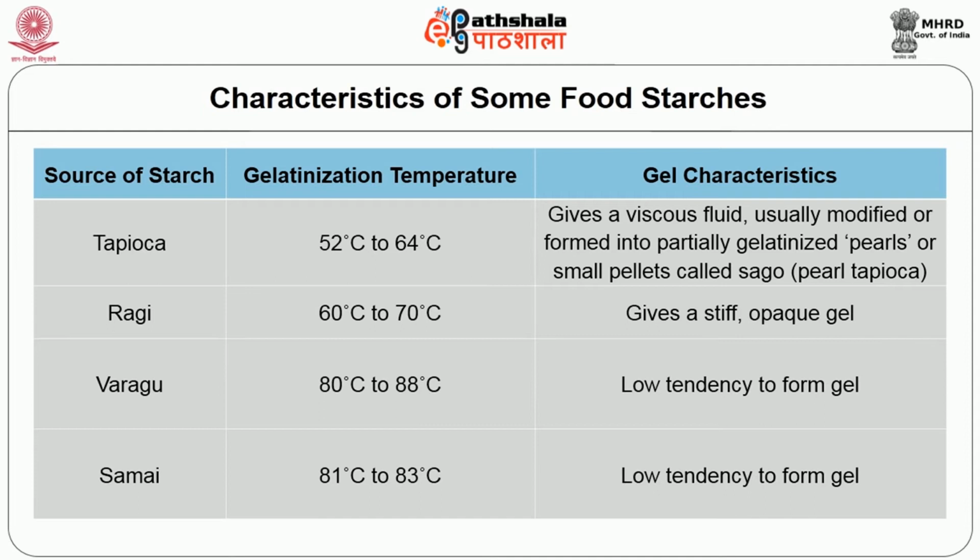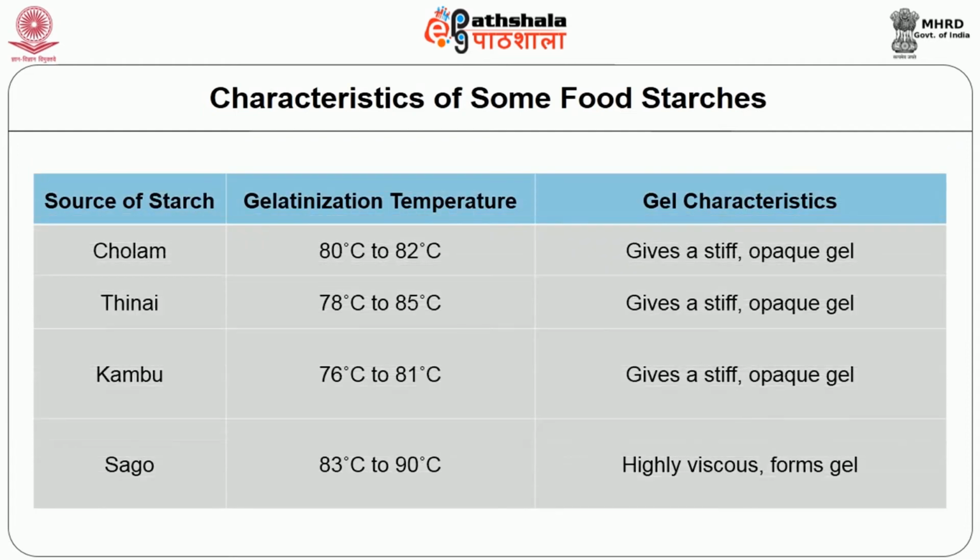Varagu, when gelatinized at 80 degrees Celsius to 88 degrees Celsius, has a low tendency to form a gel. Samai, when gelatinized at 81 degrees Celsius to 83 degrees Celsius, has a low tendency to form a gel.